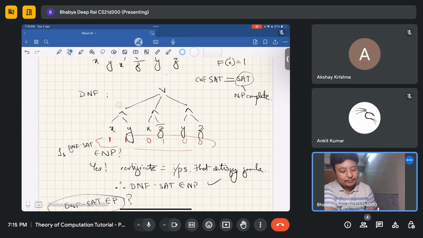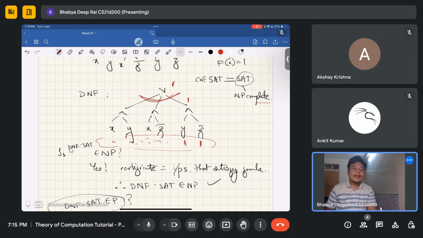Someone else may also say x as 1, y as 1, z as 1, and the other as different, so some other cases will give me 1. And I'll still say yes, that is true, because AND evaluates 1 and 1 is 1, and then OR, as long as there is at least 1, I'll give an output 1.